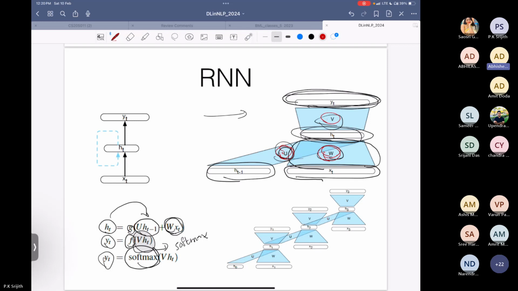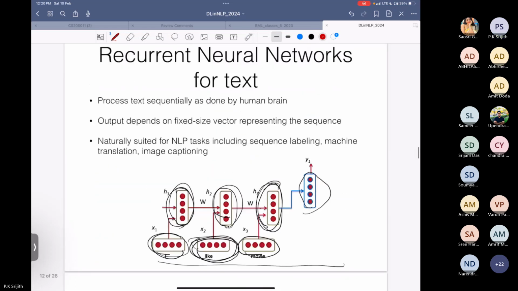So if instead of max pooling, it's average pooling, then can we say it's the same thing?